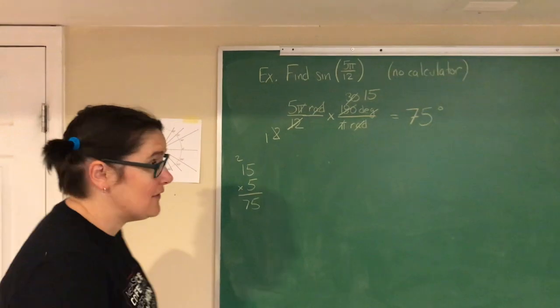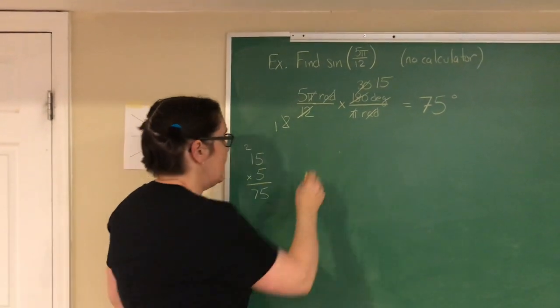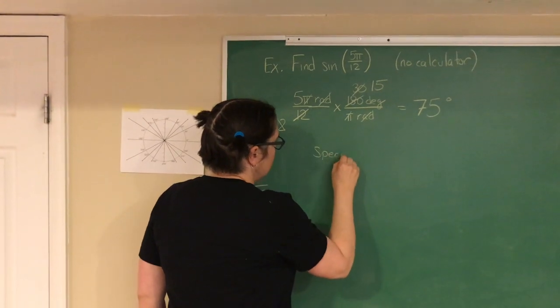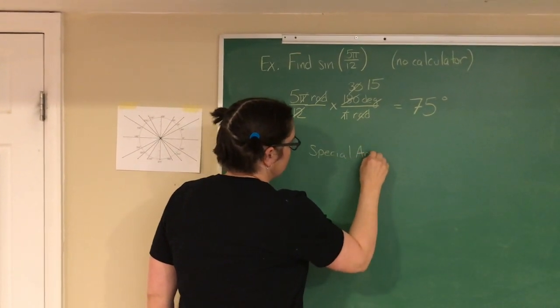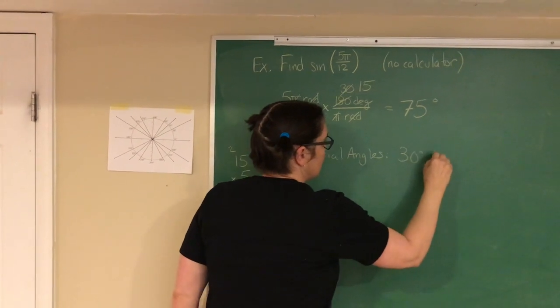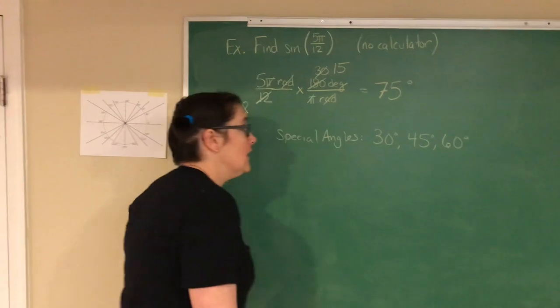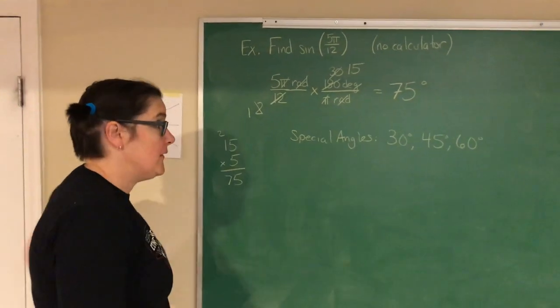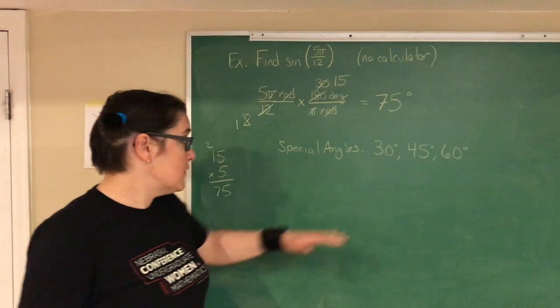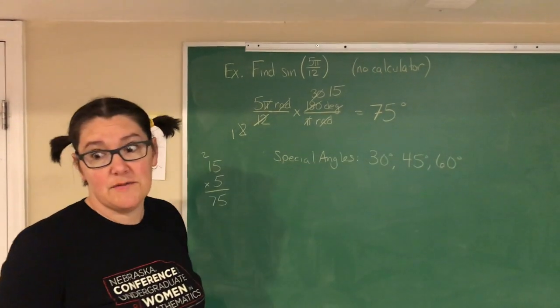Now, 75 degrees is definitely not one of our special angles. Our special angles are 30 degrees, 45 degrees, and 60 degrees. And so I might ask myself, is there any way that I can add or subtract any of these angles to give me 75 degrees?